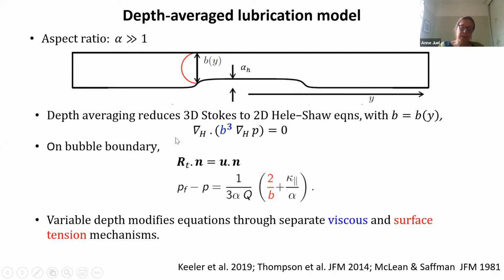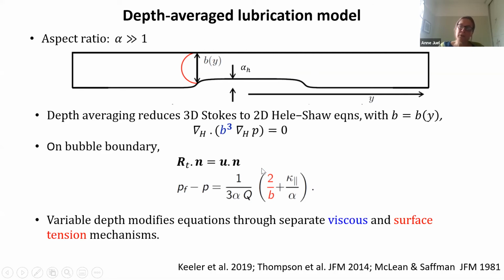What this model does is that it separates the effect of the depth perturbation due to viscous effects, which comes into the bulk equation, from the surface tension effects. And the surface tension effects come through the dynamic boundary condition.